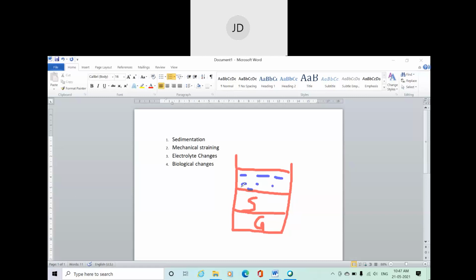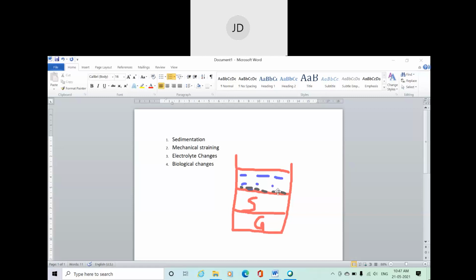Impurity will be stuck on the top surface of the sand. With due course of time, this impurity on the top surface forms a film, a layer of impurities.